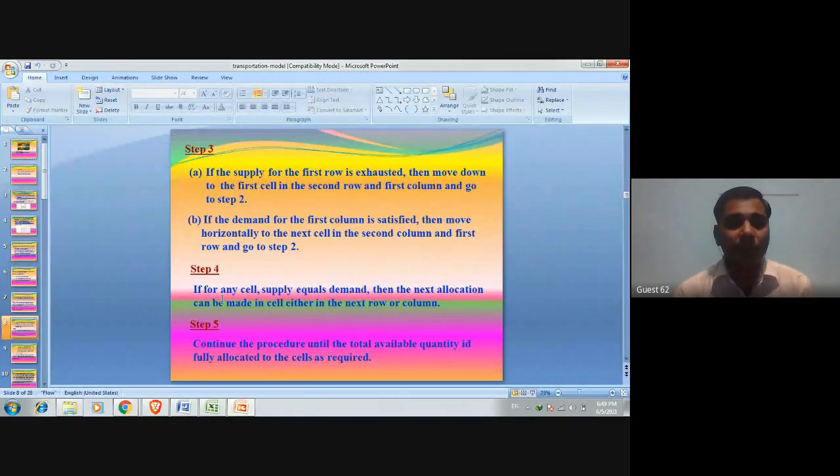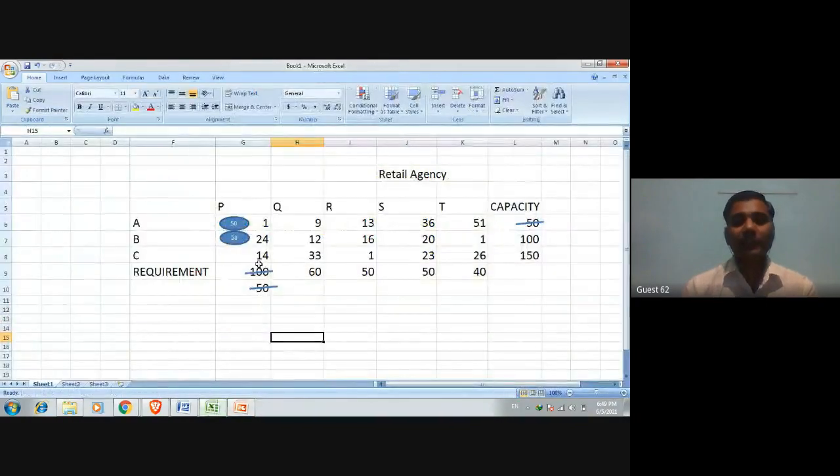Now, if for any cell supply equals demand, then the next allocation can be made in a cell either in the next row or column. Okay. But here the supply and capacity is over now. So we will move in the next column. The next column is second.